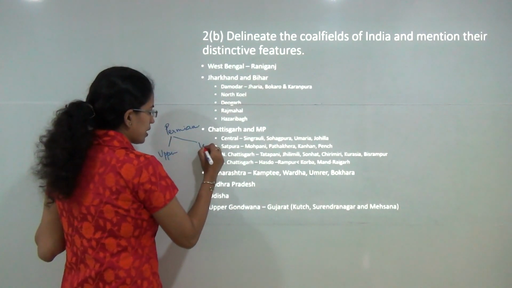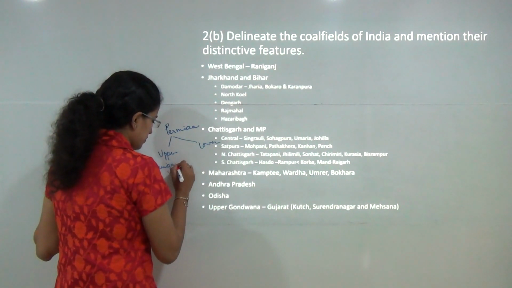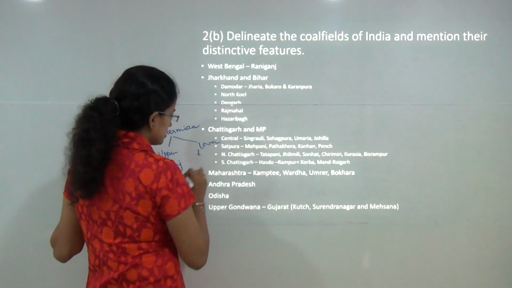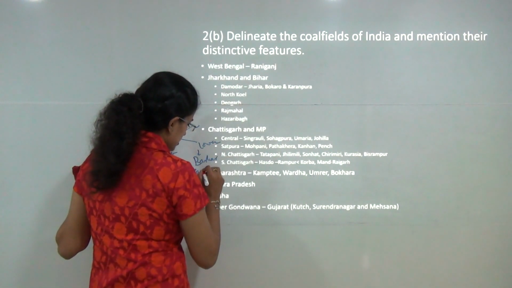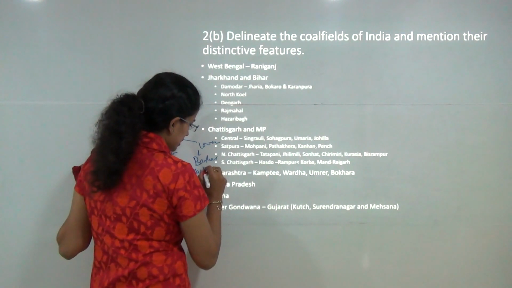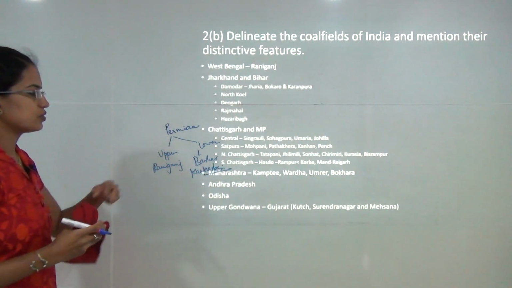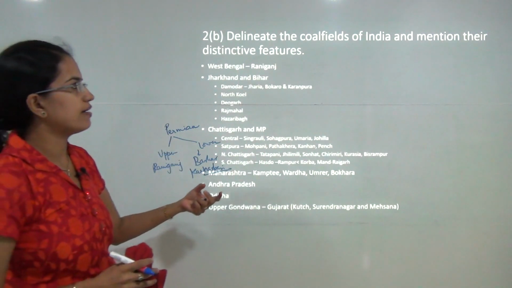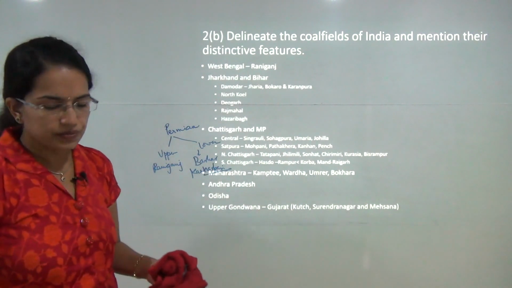When we talk about upper, it's mainly the Raniganj. When we talk about lower Permian, it's mainly the Barakar range and the Karharbari range. So these are the two basic categories under which you have the classification for coal fields and the major areas in India with coal fields.